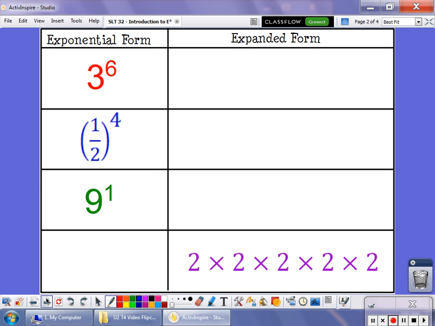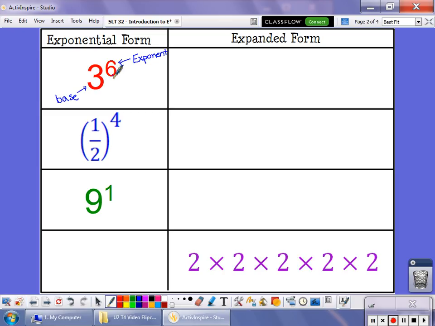Okay, so let's do a couple other problems here. In this problem, exponential notation means we have a number written in exponential form. Our base is this big number 3, and our exponent is the 6. Now remember the difference. The base tells you the number you multiply over and over again. So this is going to be 3 times 3 times 3.